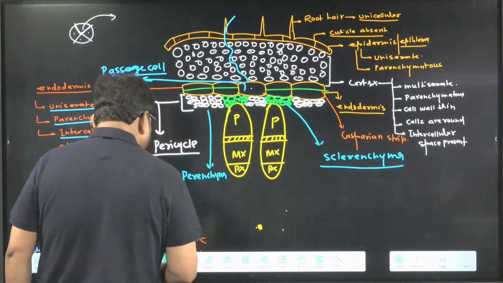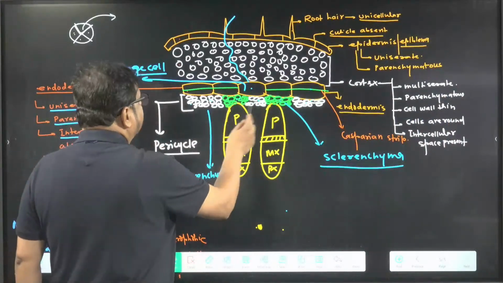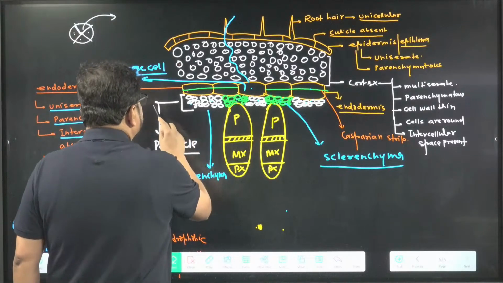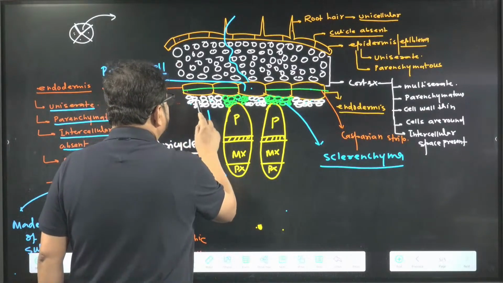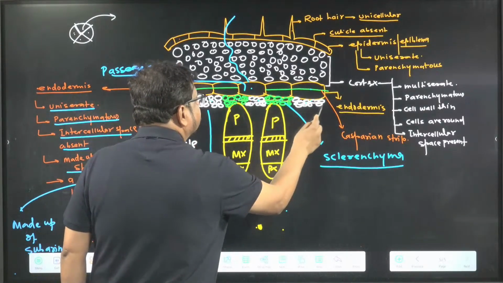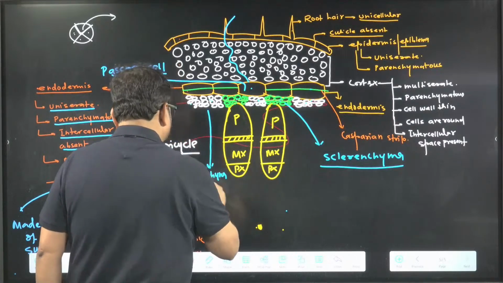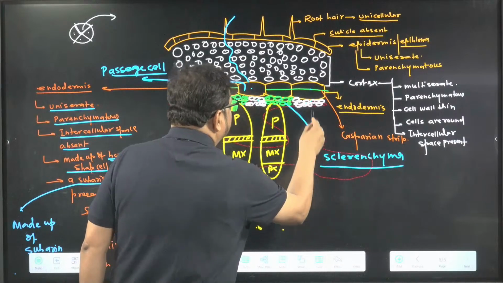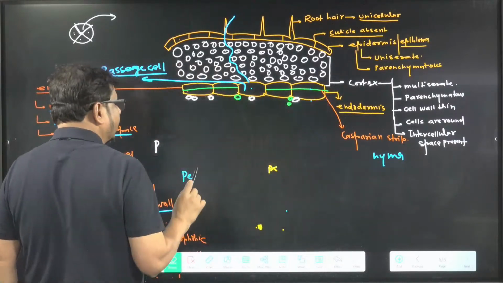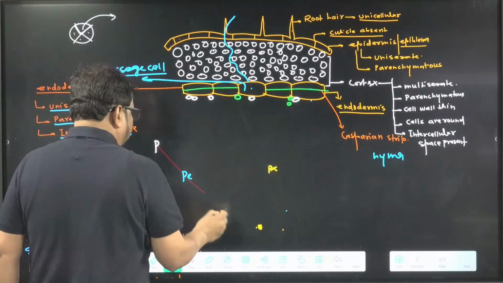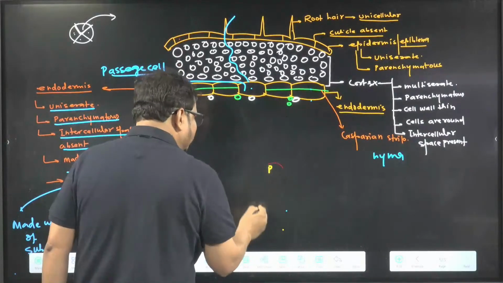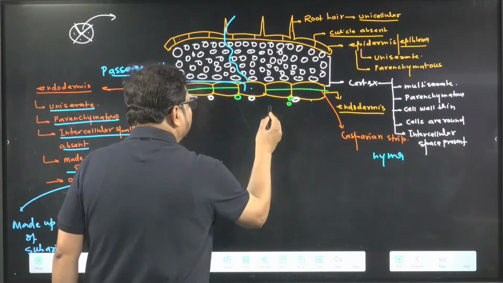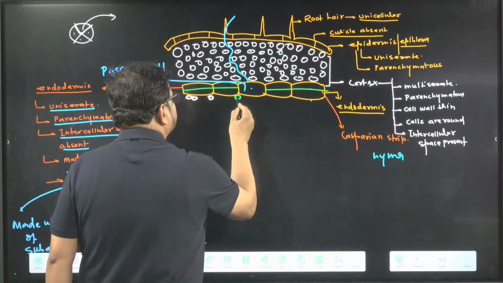Why sorry? Because in root I started to say about stem. Wait a minute. In root I started to say about stem. Give your attention. Have a look here.